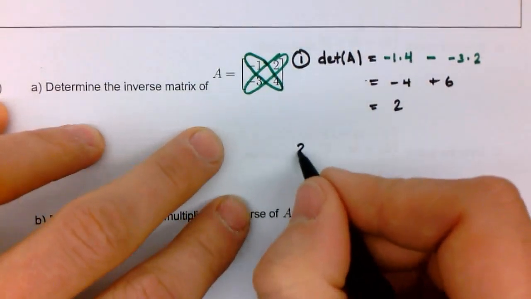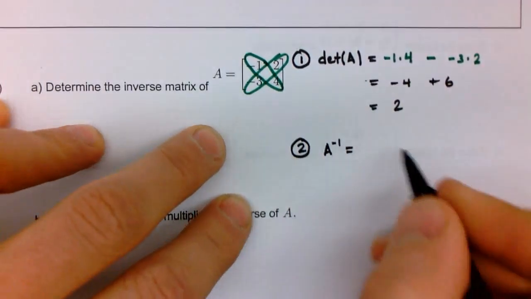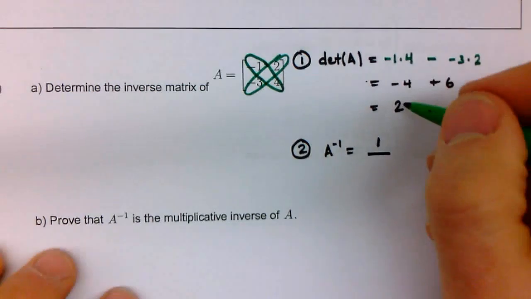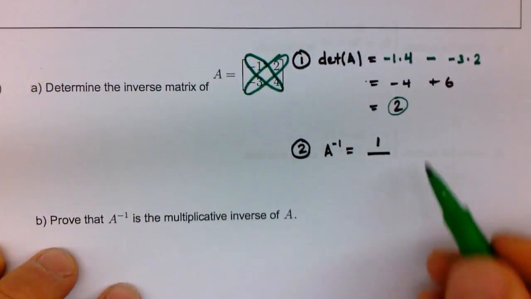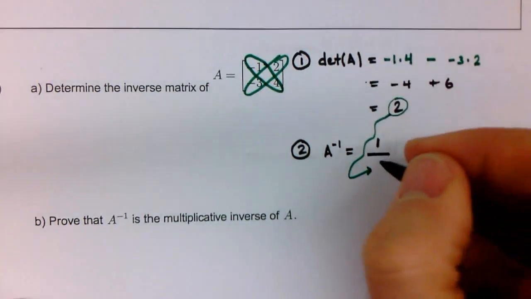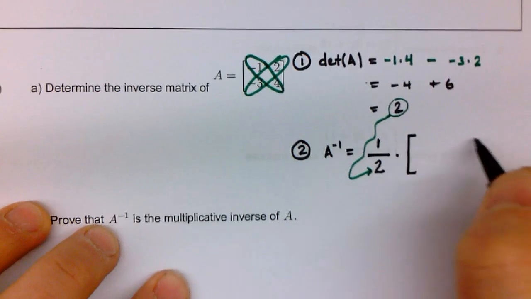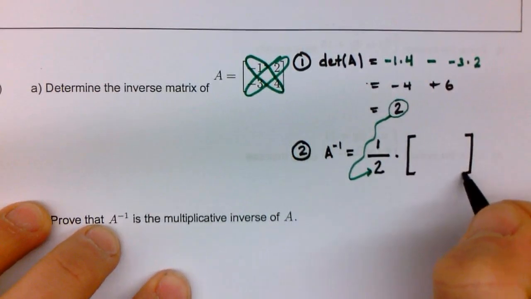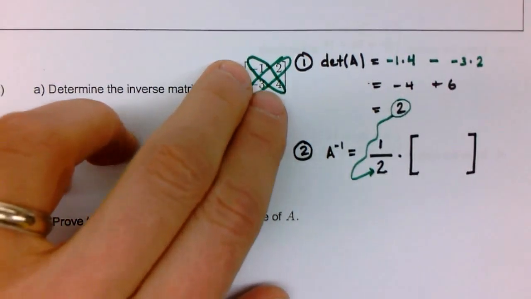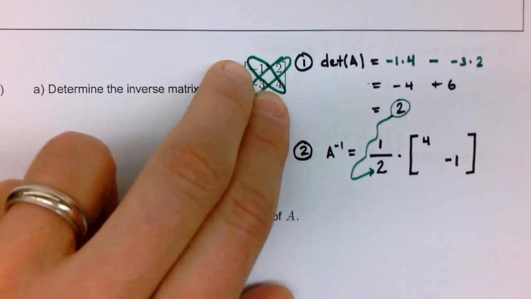All right, step 2. Write your inverse matrix like this. Fraction is 1 over, pick up that determinant value right there, bring it down here, plug it into the denominator, multiplied by the matrix where now we switch. So this was negative 1, 4. Let's make that 4 and negative 1.